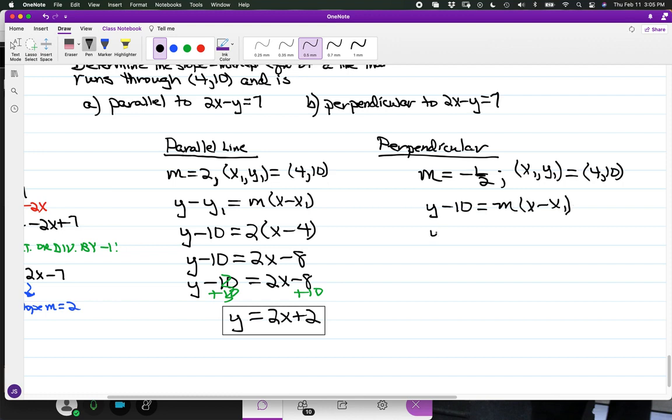So we have y minus y1, so y minus 10 is equal to m, which is negative 1/2, times the quantity of x minus 4. With distributing, we have negative 1/2 of x, and negative 1/2 of negative 4 becomes positive 2.